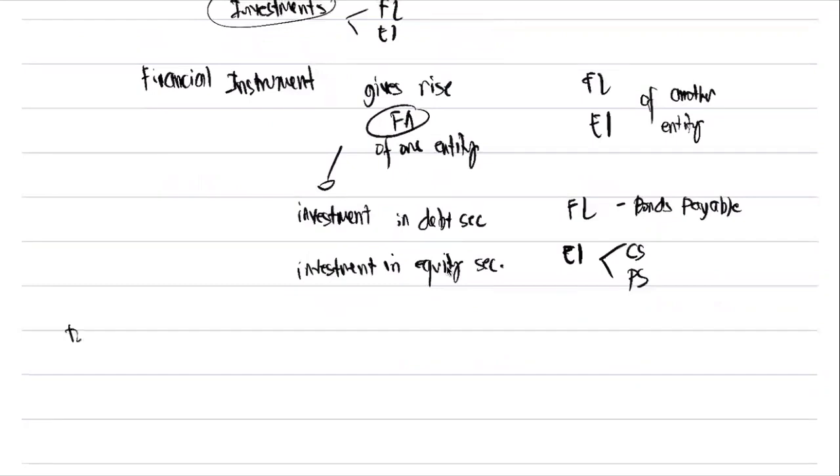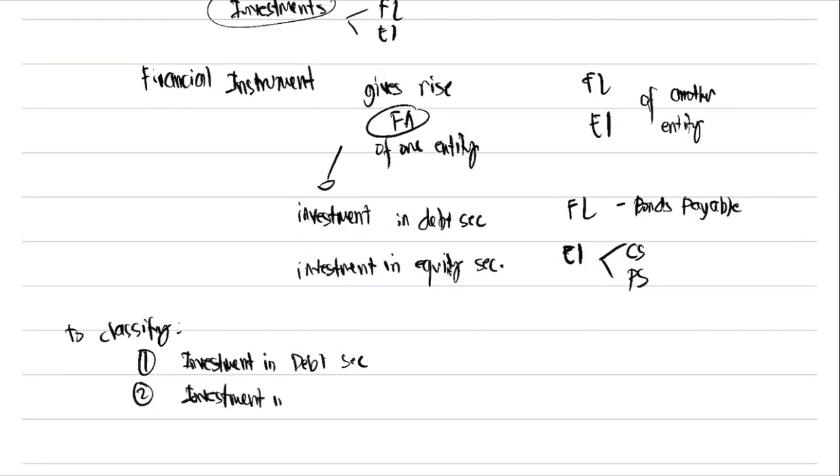To classify your investments, we classify them according to the nature of the financial asset. First, we have your investment in debt securities, and then we have your investment in equity securities.